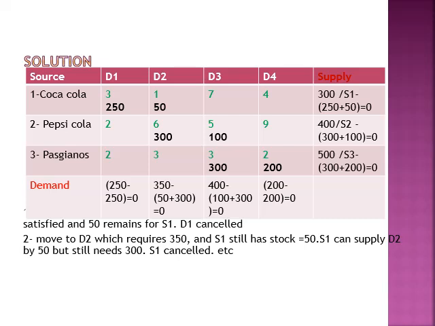It shows that the market center D1 requires 250, and S1 Coca-Cola has only 300 units. S1 has 300 units in its stores.